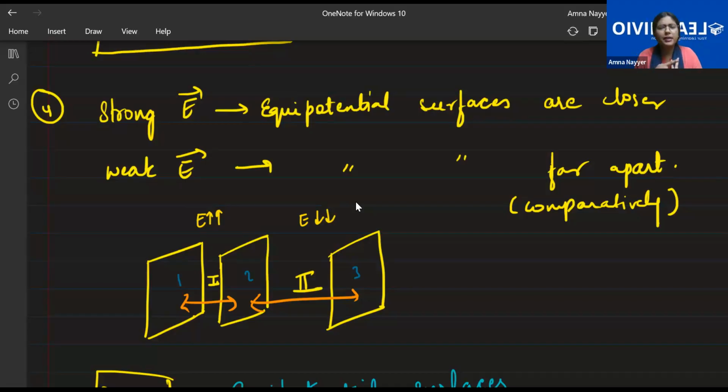Second is a very direct basic question: what are equipotential surfaces? Mention its properties. Other than that, the third question that can come from this topic is to draw the equipotential surfaces. So that we'll do separately, not under the properties, because I have seen that question much more than the properties one. So we'll practice the drawing part, and I'll tell you how you have to draw.